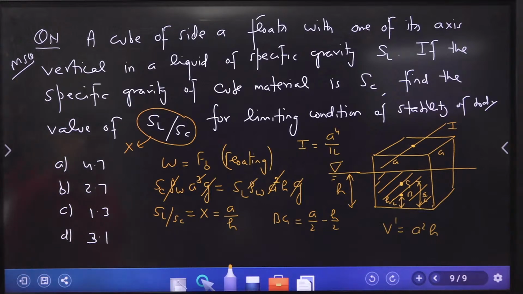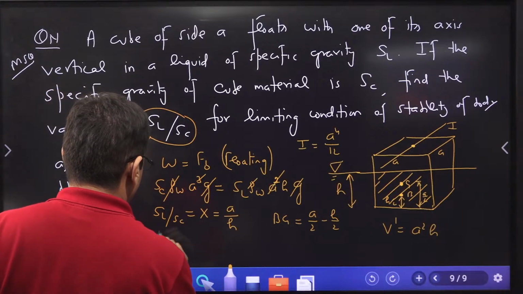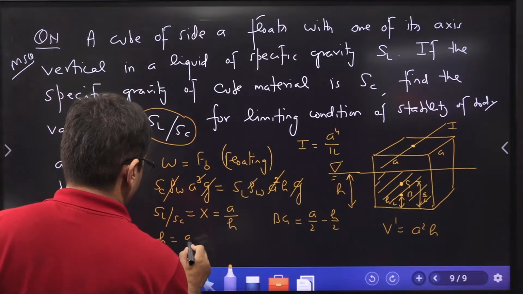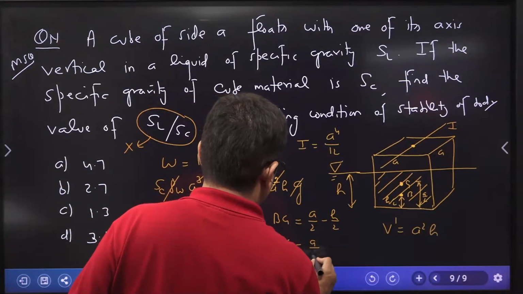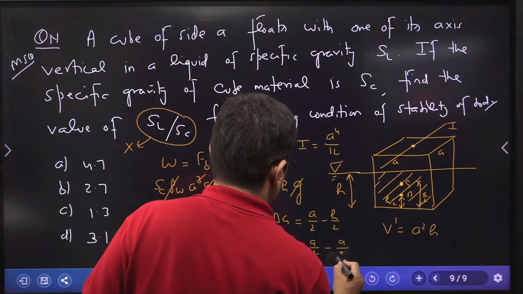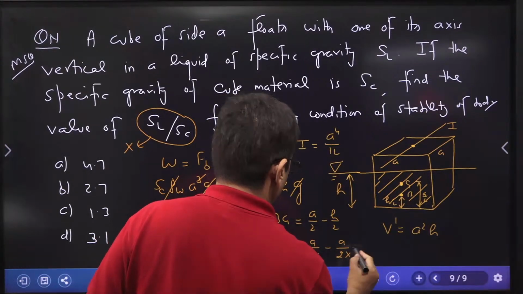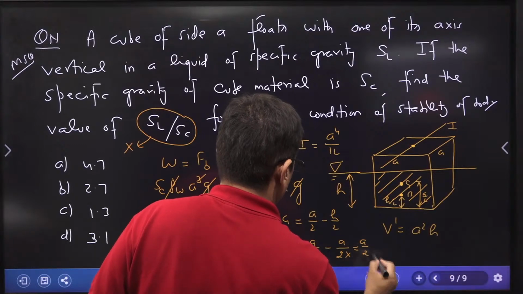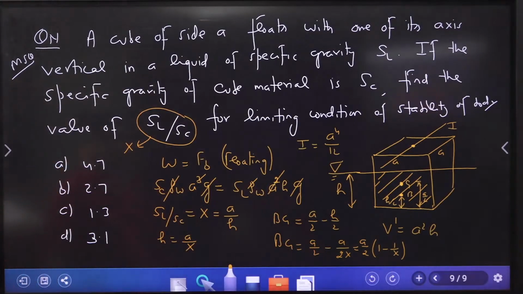But I don't want to write in a and h. Let's put it in terms of x. So can I write h is equal to a over x? And if I do that, BG for me is a by 2 minus h, which is a by x, so a by 2x. Can I take a by 2 common? If I take a by 2 common, it is 1 minus 1 by x.